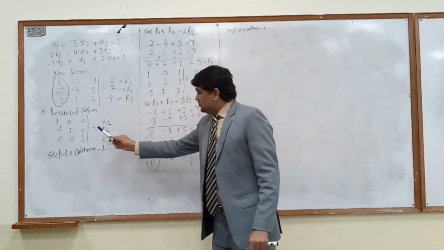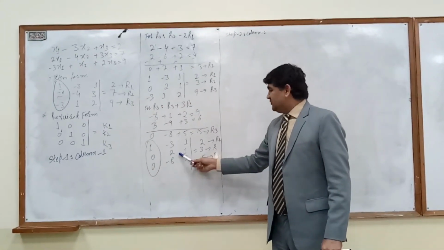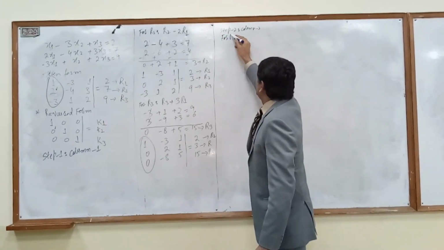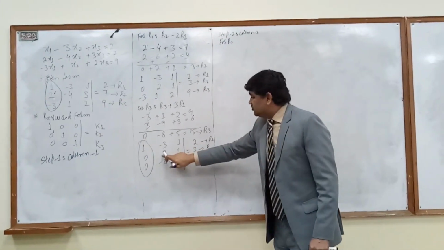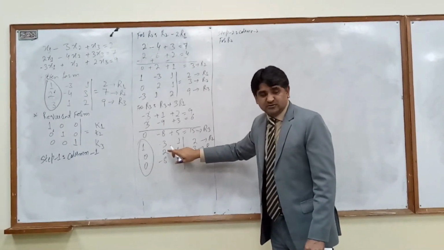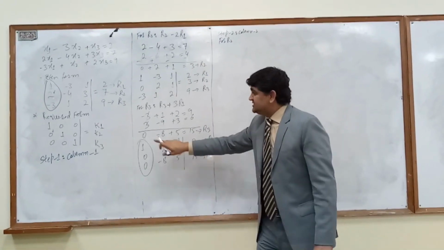What is required in row 2? 1, and what is given? 2. So, for row 2 it means that row 2 should be divided by 2. Then we will be getting 1. That is required.